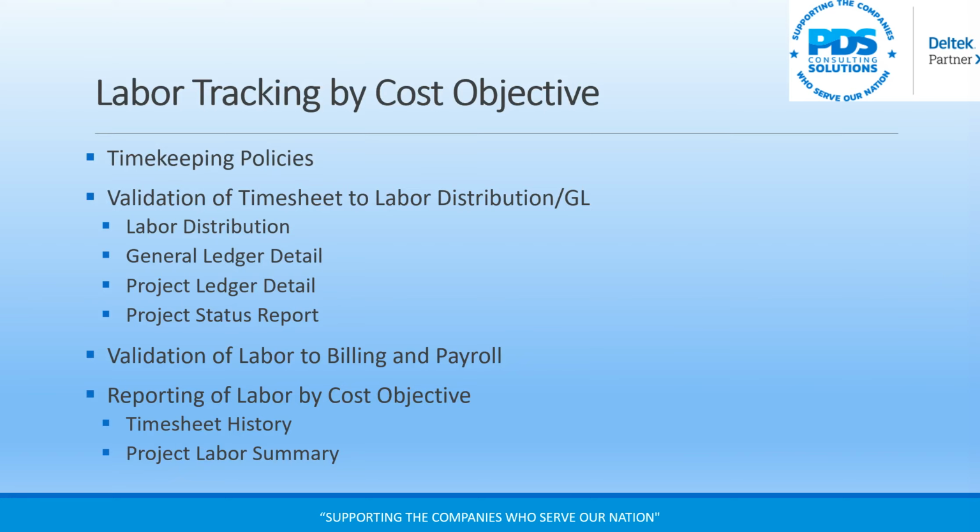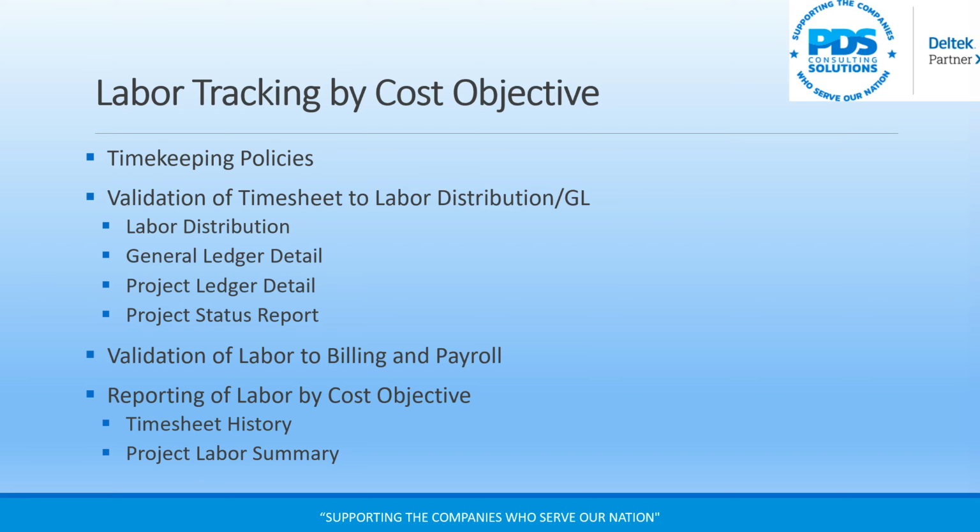So to follow on to labor, one of the major requirements in an adequate accounting system is to be able to track your labor by cost objective. So you've got to have good, solid timekeeping policies. You've got to be able to validate your timesheets with your labor distribution in your general ledger in your accounting system.